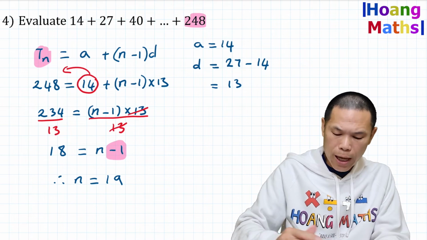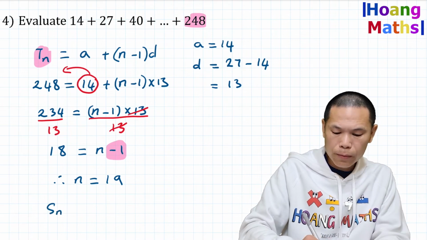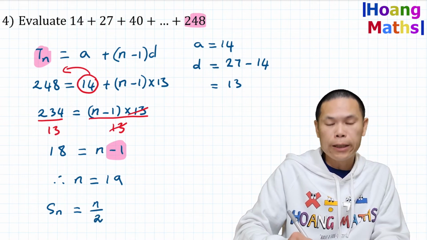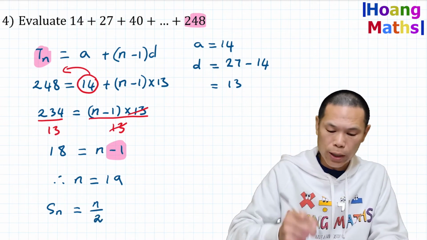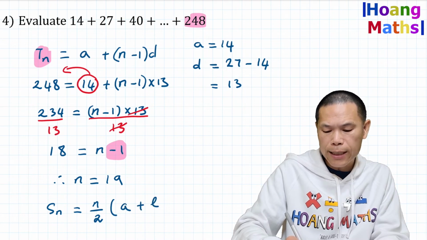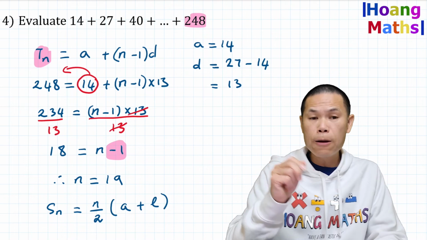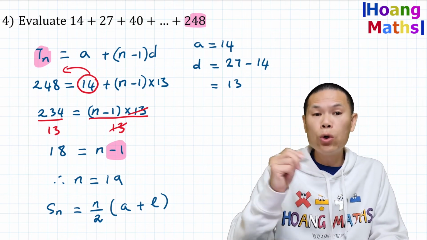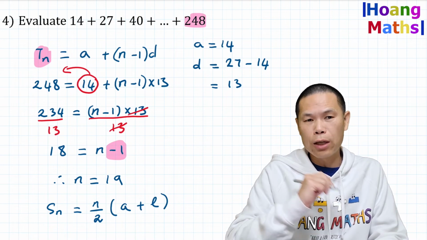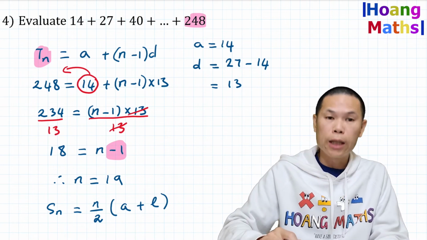I know that Sn is equal to n over 2, bracket, the first term plus the last term. It doesn't matter which formula you use, but I know the first term, the last term, and that there are 19 terms together, so I can use this. It's quicker, that's all.